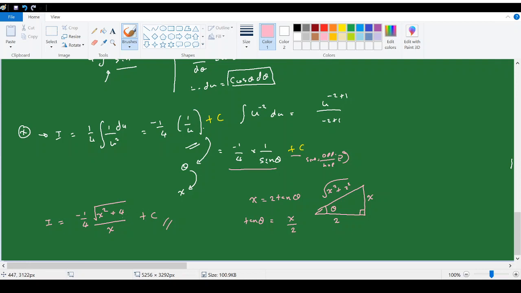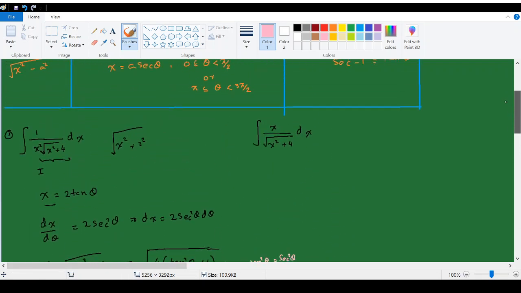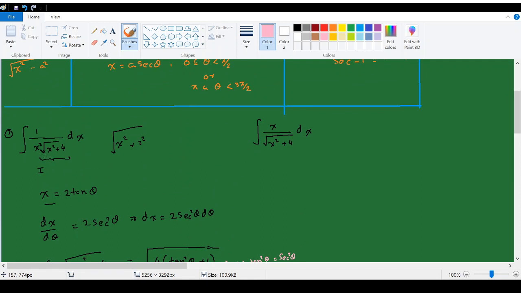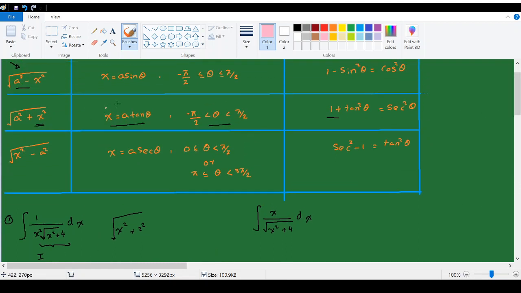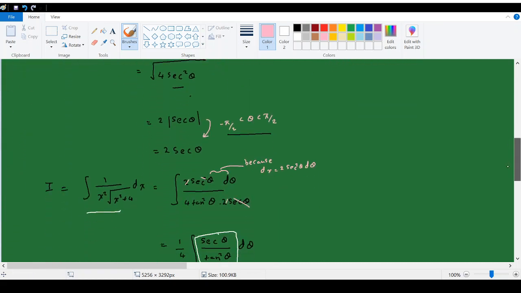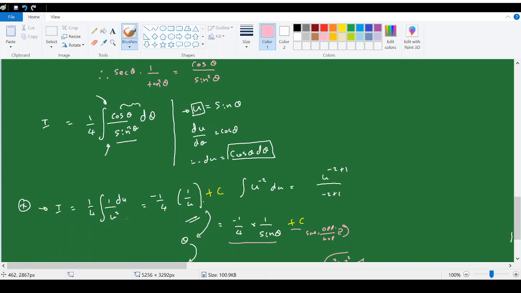Okay, right. Now as a summary, if we see what we did, we had the integral with the square root, and since you have a suitable format from the table, we used the appropriate substitution, and then we had an answer in terms of theta, but in the middle we had to do another quick substitution.